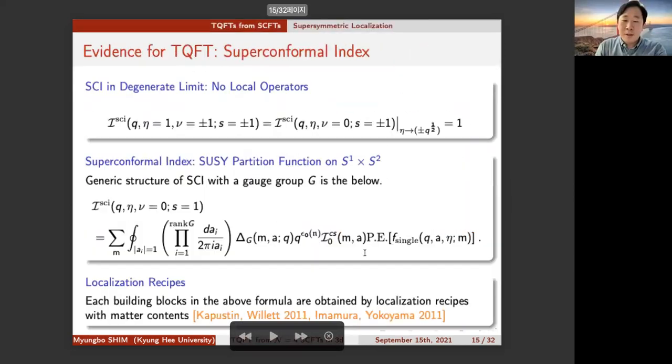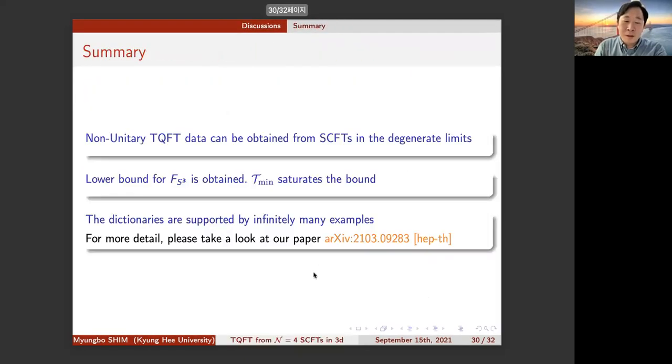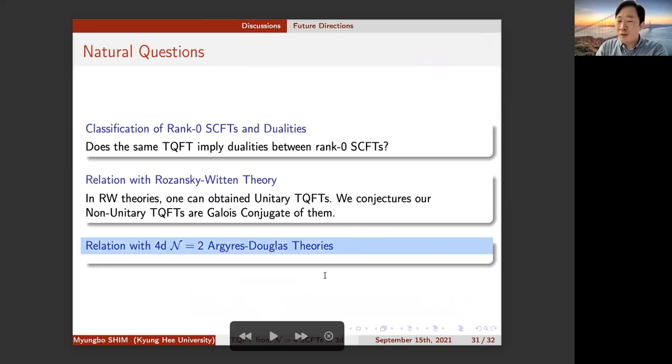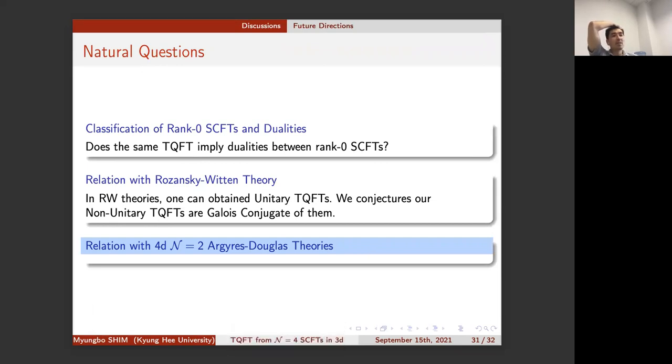There is a question about the relation between this N equals 2 4D theory and maybe the necklace partition function for this theory. I already forgot, but how is the Hilbert series of ADHM related to the necklace partition function? I should have known actually. Hilbert series.